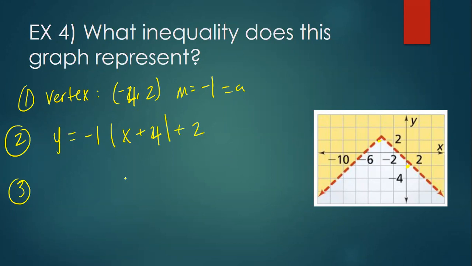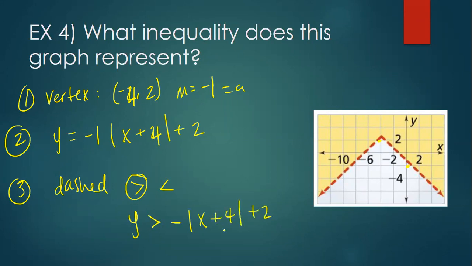It's still 1, by the way. All right. So I'm dashed. So that means I'm either going to be greater than or less than. And I'm shaded above, so I am greater than. So we have y is greater than negative absolute value of x plus 2 plus 2.